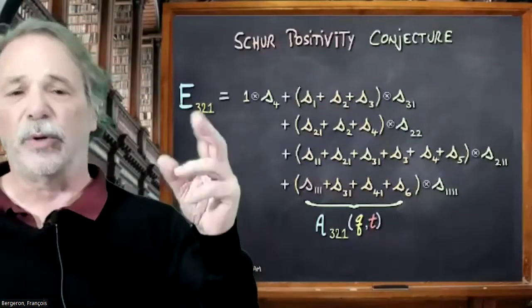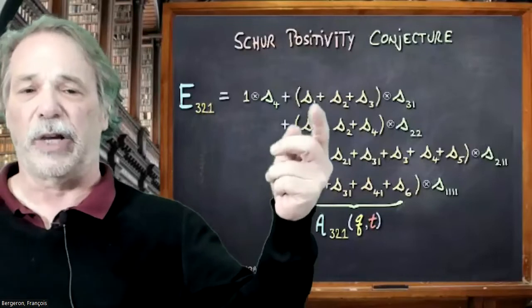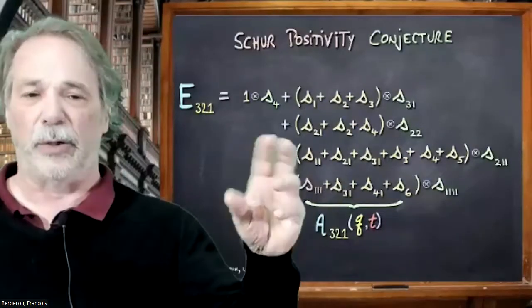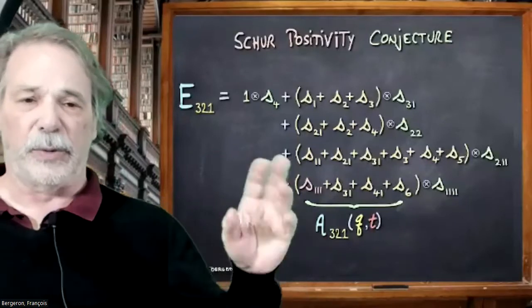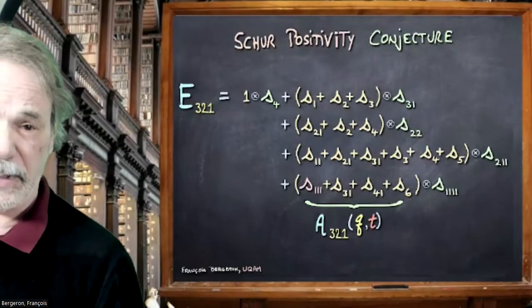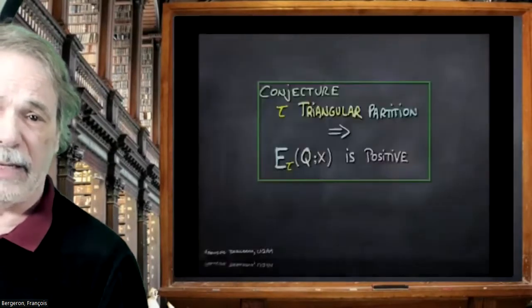So there are two groups acting here, the GL something and the symmetric group, and you have irreducible characters for both groups that are involved.